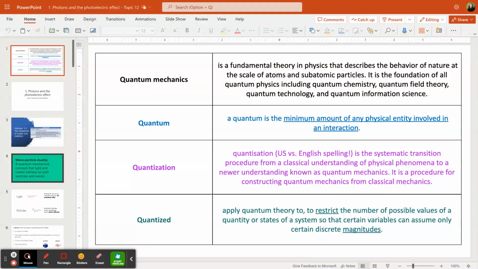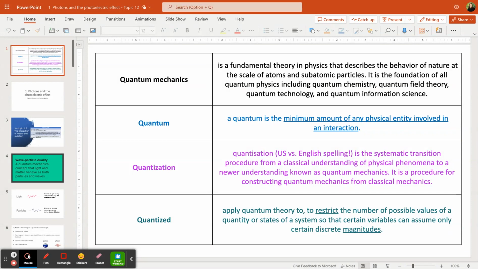So to quantize is to restrict the number of possible values of a quantity or states of a system, so that certain variables can now only take very discrete values and magnitudes. Quantizing something means you no longer have a spectrum of values that are allowed. There are only very discrete, specific numbers that are possible to give to a value.